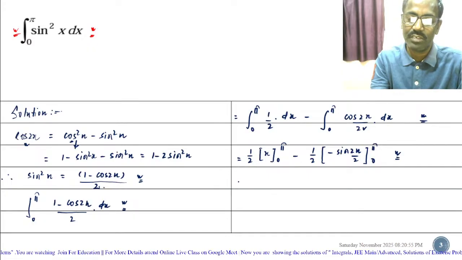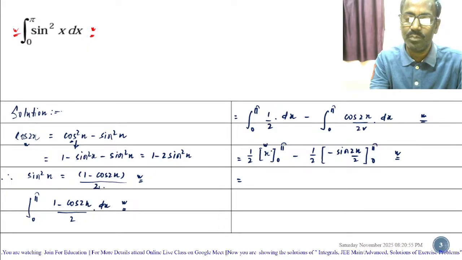So the next step, when we remove the limit, here will be pi minus 0. So here will be pi.